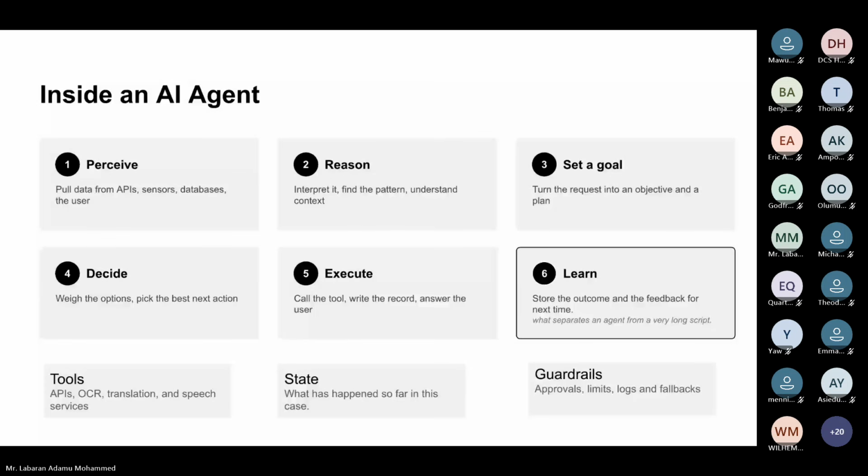The next one will be to reason. That's where the AI model comes in. With the help of the AI model, the agent will reason about the goal it wants to achieve.